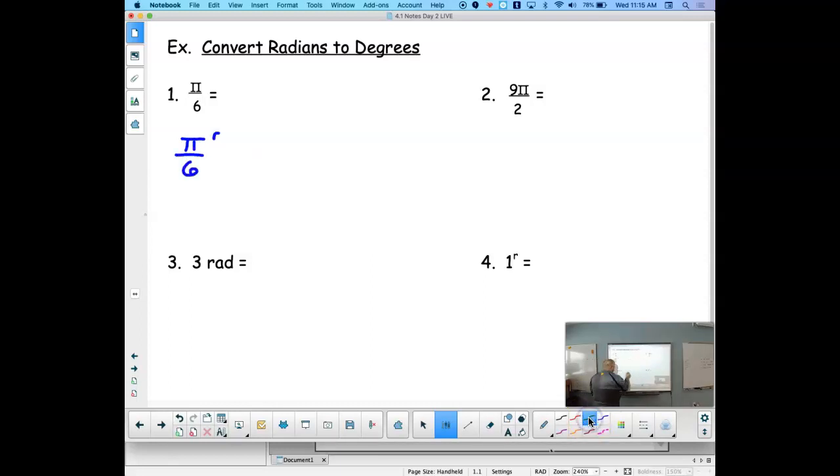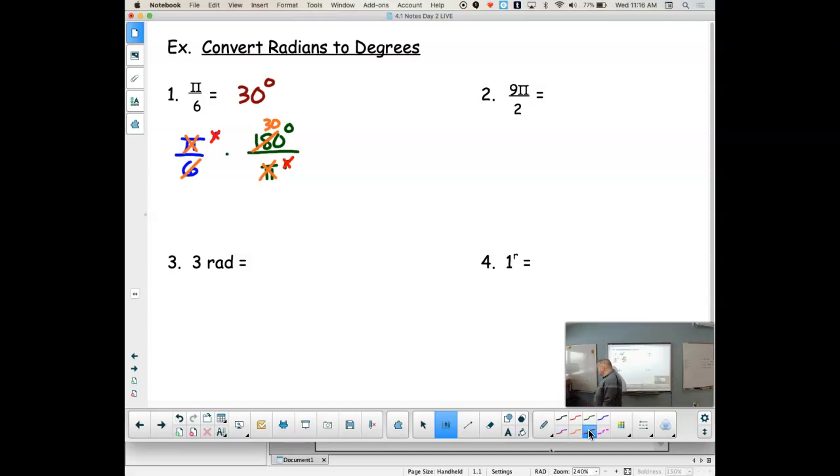We would then multiply now by 180 degrees over pi radians. The radians would cancel each other out. 6 would go into 180 30 times, and the pi's would cancel each other out, making it just 30 degrees in the end.